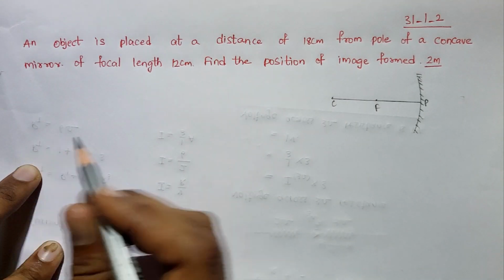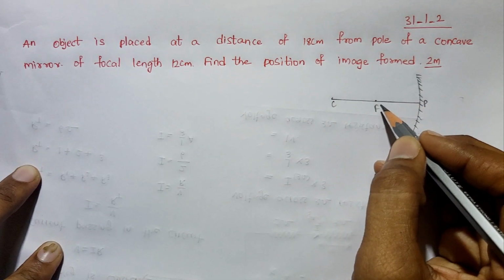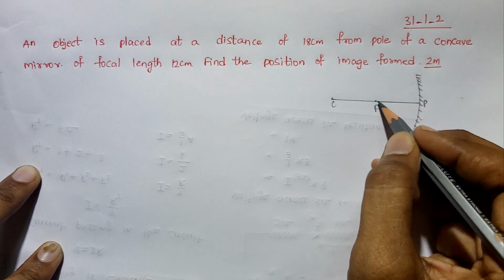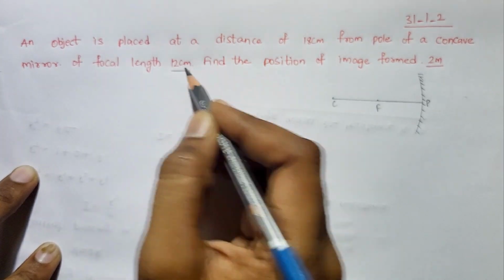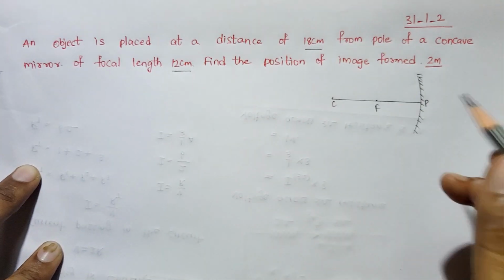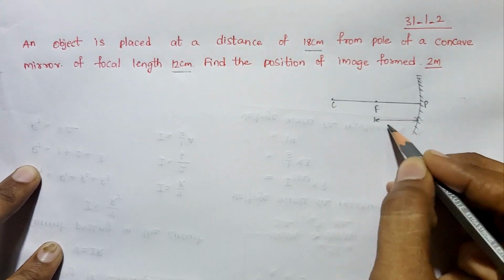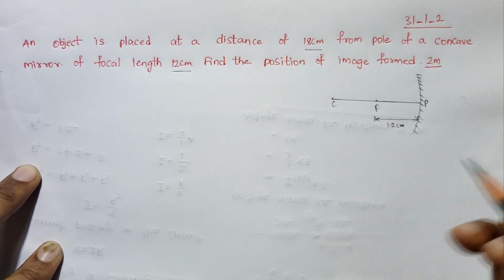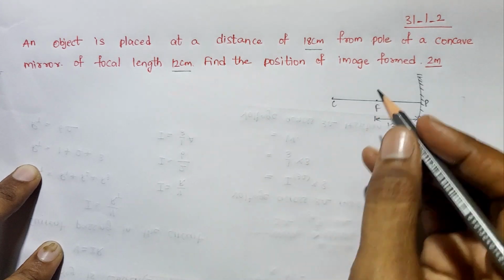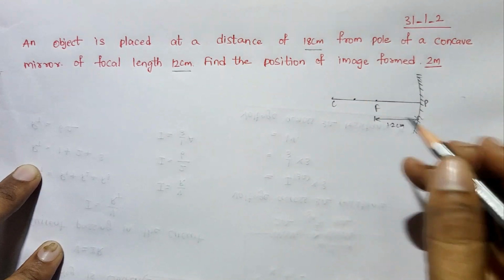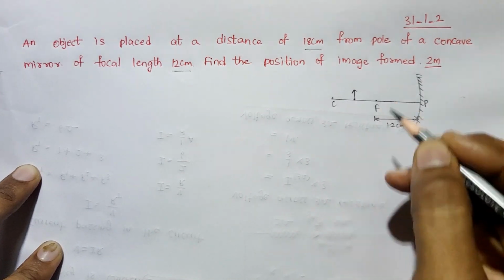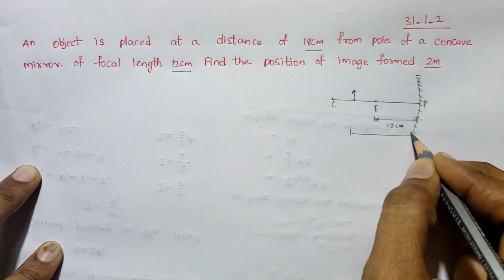The focal length of the mirror is 12 centimeters, object distance is 18 centimeters. So from here to here, it will be 12 centimeters. Object distance is 18 centimeters means the object will be somewhere here.